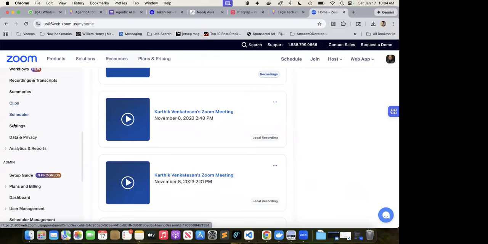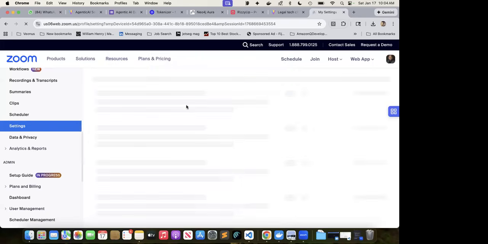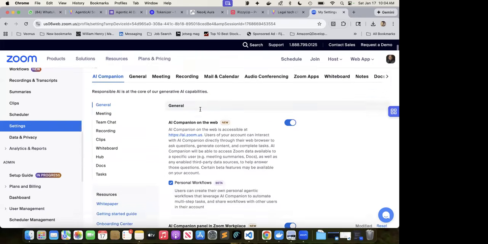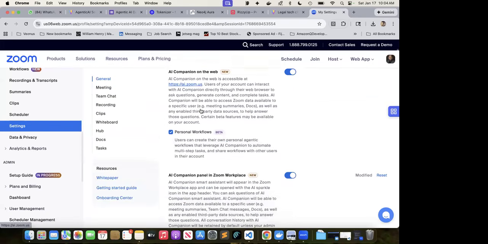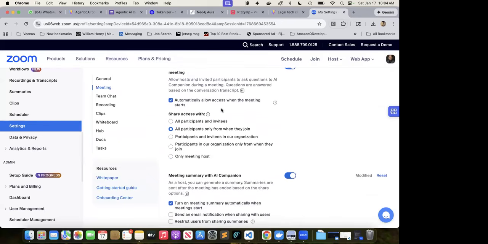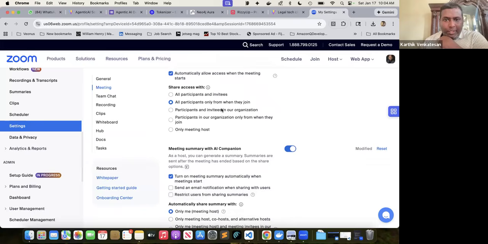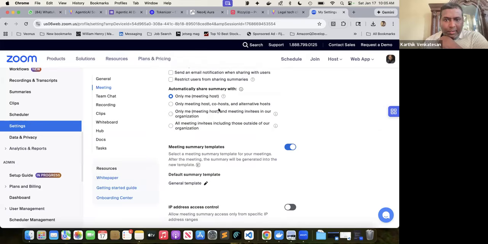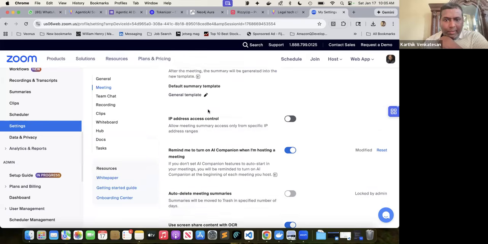After that, go to settings. I think he has to go to that particular meeting and then change the advanced settings. All participants share access.